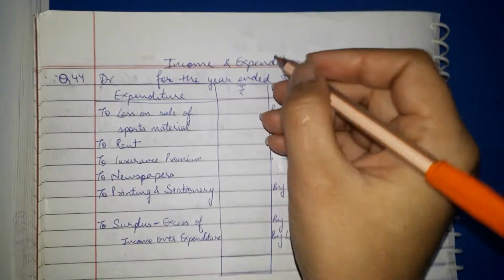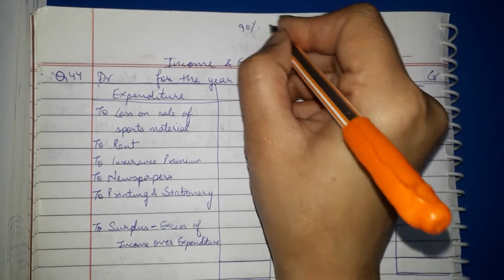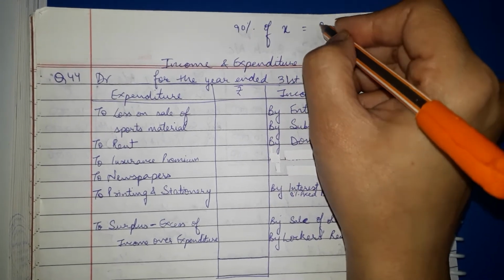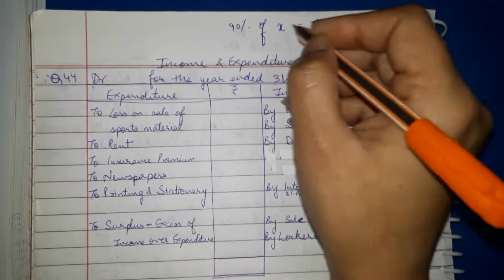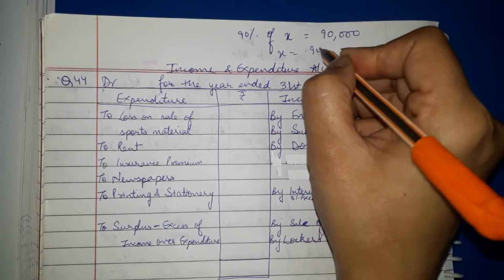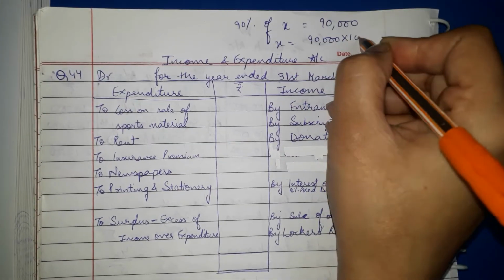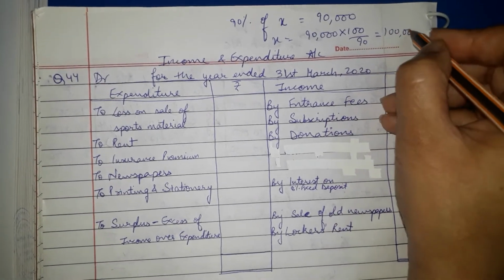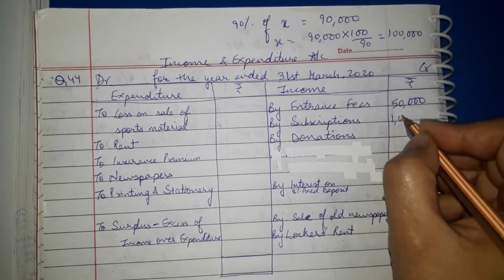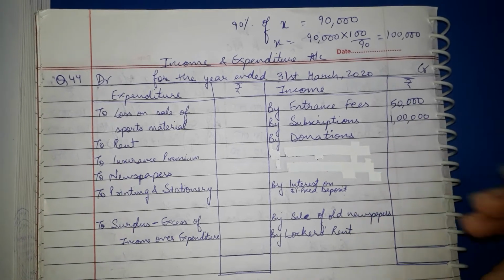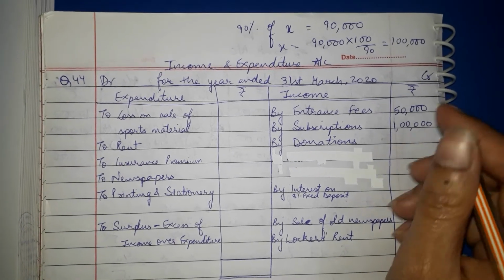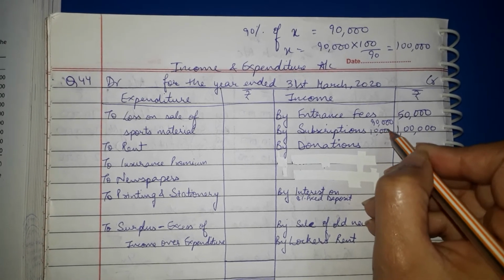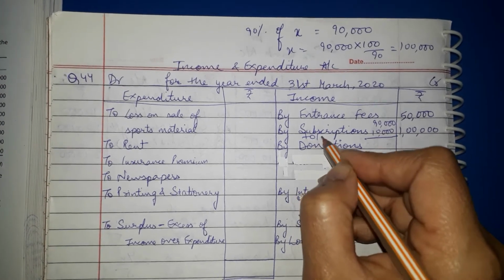In order to solve this, let's say X is the amount of subscription for the year. 90% of X is equal to 90,000, which means that X will be 90,000 into 100 divided by 90, that is 1 lakh rupees. This means that this year we are supposed to receive 1 lakh rupees as subscription, out of which we have received only 90,000, and 10,000 is the outstanding amount.